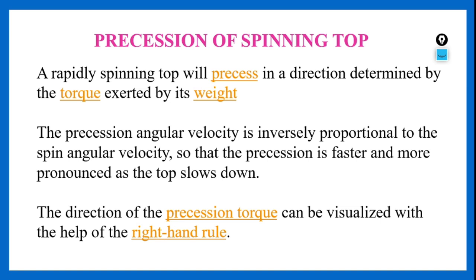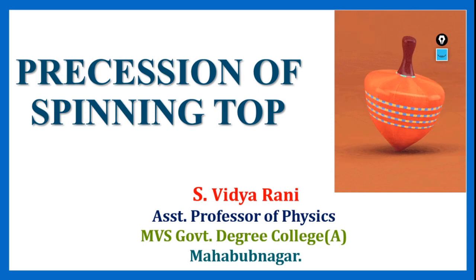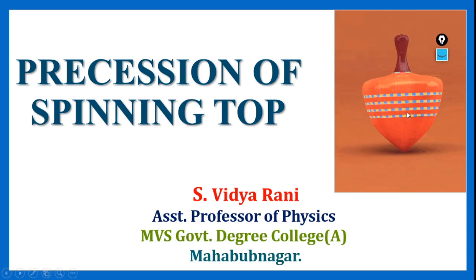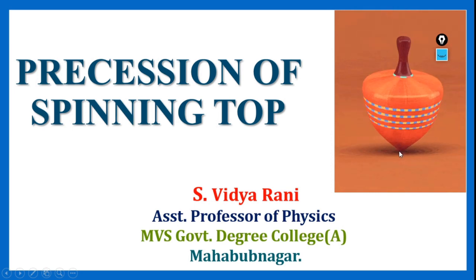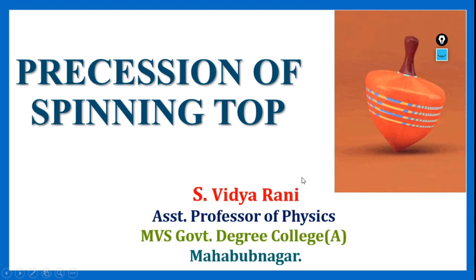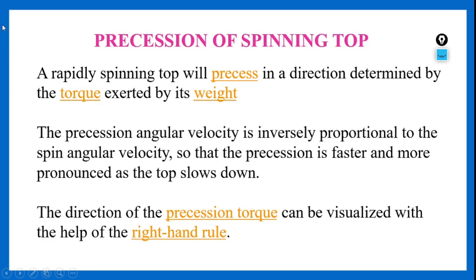A symmetrical body rotating about an axis which is fixed at one point is called a top. If you see the figure here, this is a symmetrical body rotating about an axis fixed at one point, called a top. A rapidly spinning top will precess in a direction determined by the torque exerted by its weight.